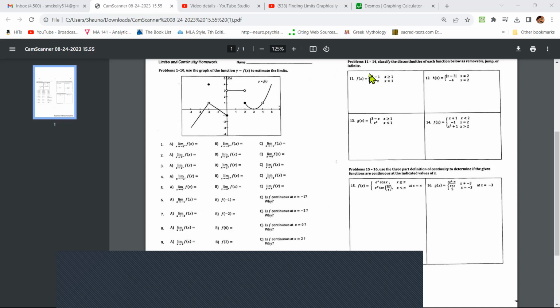And in order to have an asymptote, I would have to have a whole series of x values that are not defined, right?